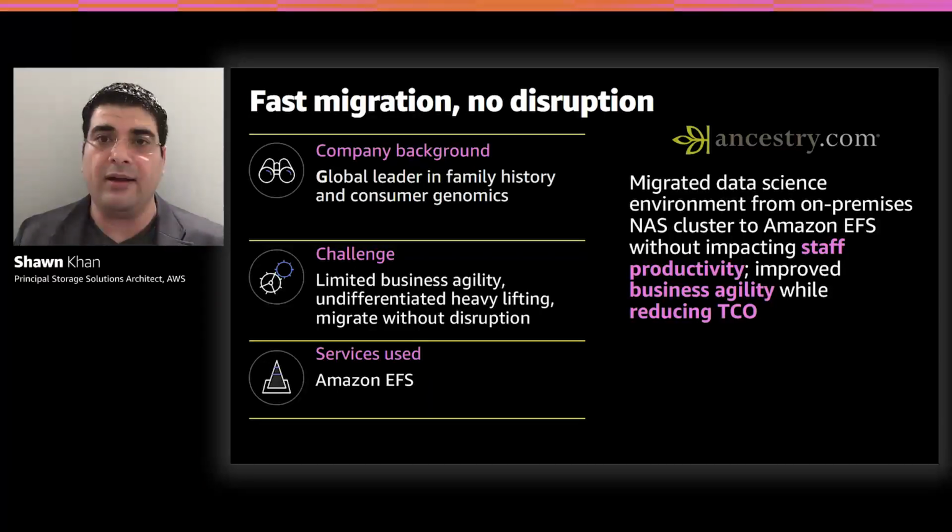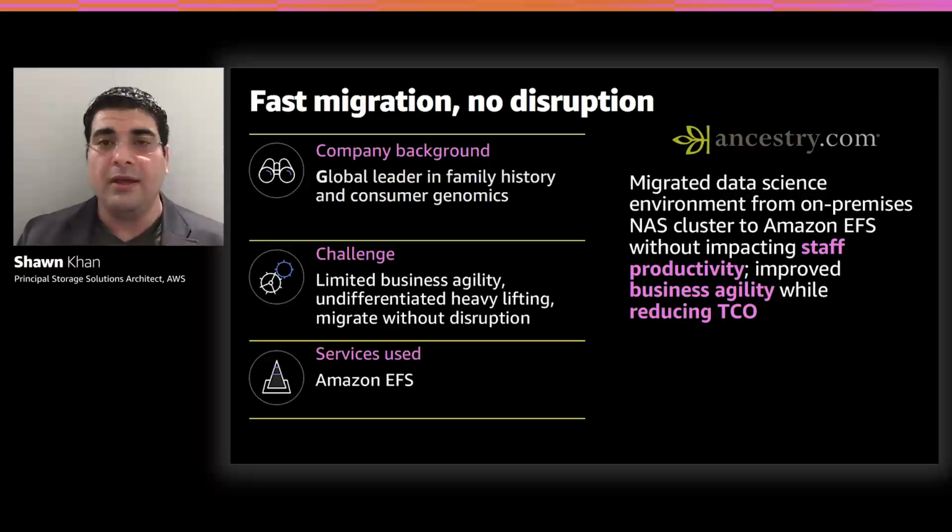They initially had a mandate to migrate all of their workloads off of that on-premises NAS cluster in 6 months. With the efficiencies and our support, they were able to migrate all of those workloads into EFS within 5 months.